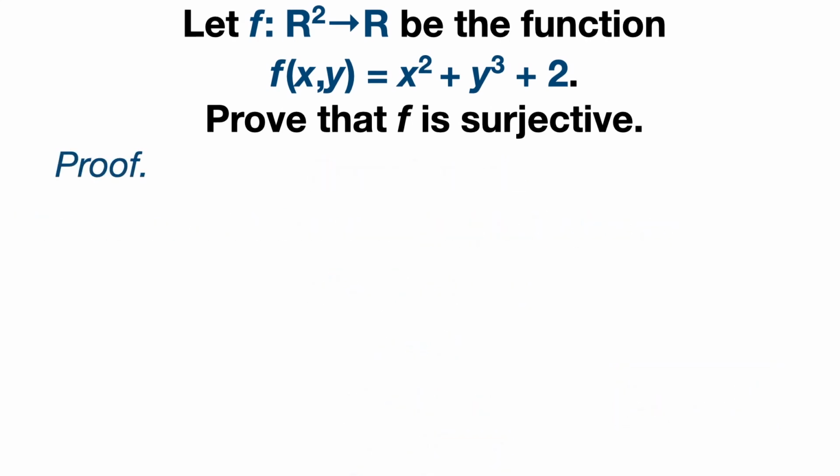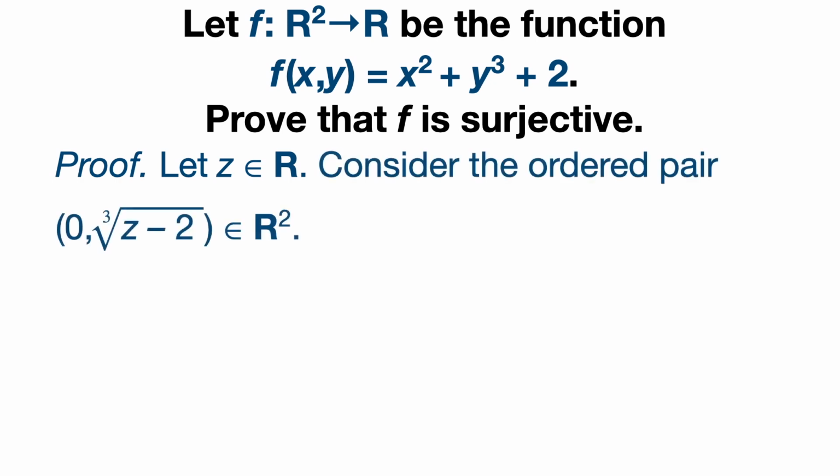Now that we've done our scratch work, let's look at the proof. We're going to start with our generic z in the set of real numbers, which is the codomain. Then we'll introduce the ordered pair that we found earlier, 0, comma, the cube root of z minus 2, which is an element of the domain, R squared. This short sentence is hiding all of the work that we did earlier.